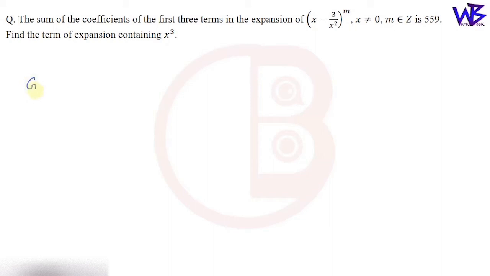First of all, the given expression is (x minus 3 upon x square) whole to the power m, where x is not equal to 0 and m belongs to the set of integers. Now let's see the solution.